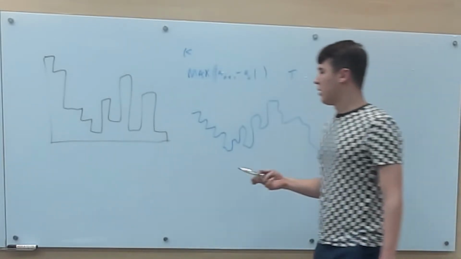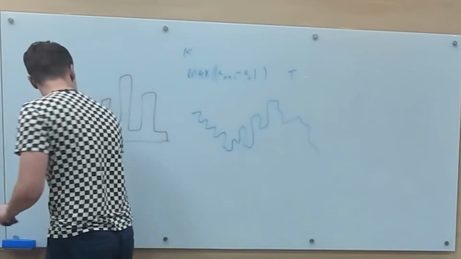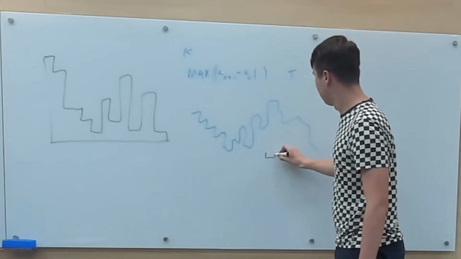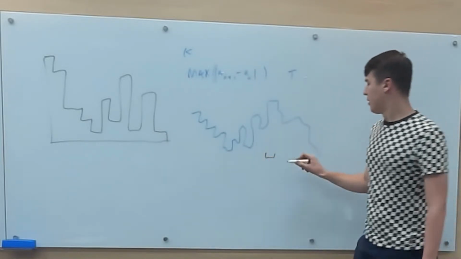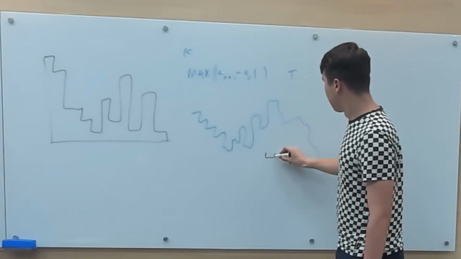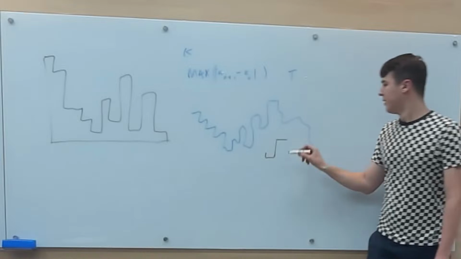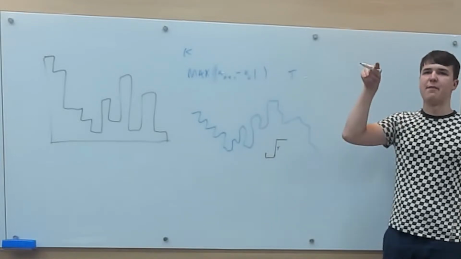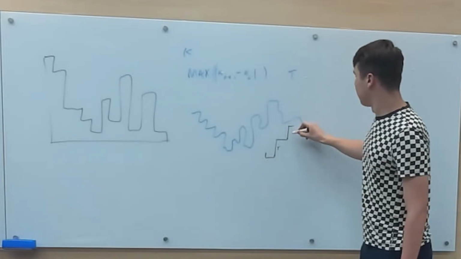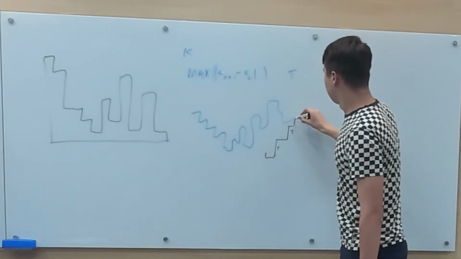My claim now is that let's pick a position where we dig, and now we will have to dig all of this, but here what we want to do is to dig t levels up, right? That is the optimal thing to do. Here we want to dig another t levels up.